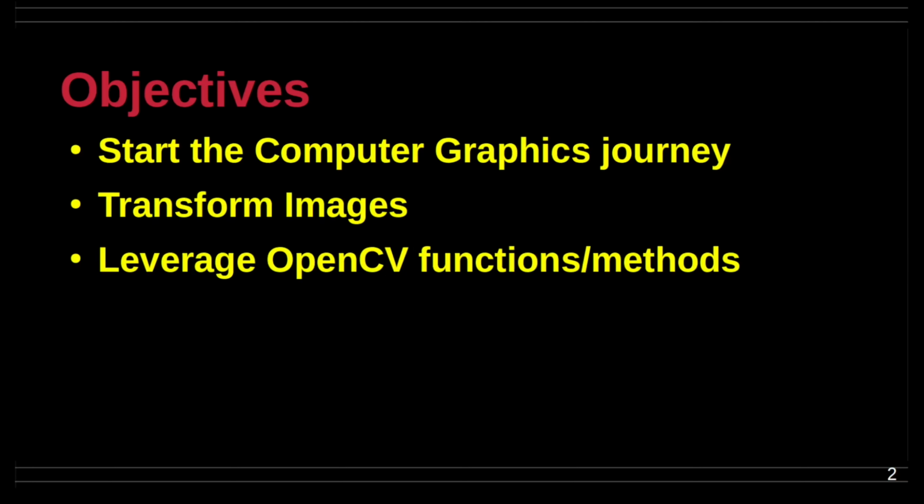There is some nominal background presented in the form of equations and code snippets. While our current focus is on 2D image transformations, the underlying concepts can be applied to 3D models.